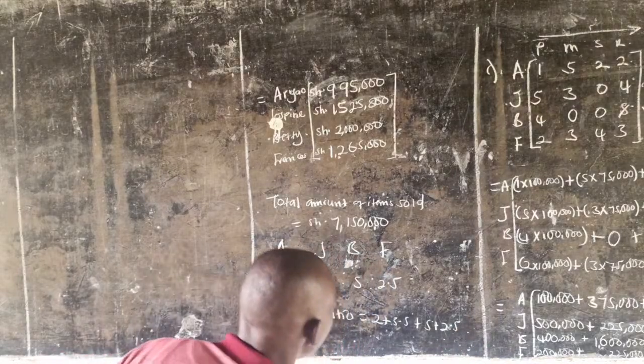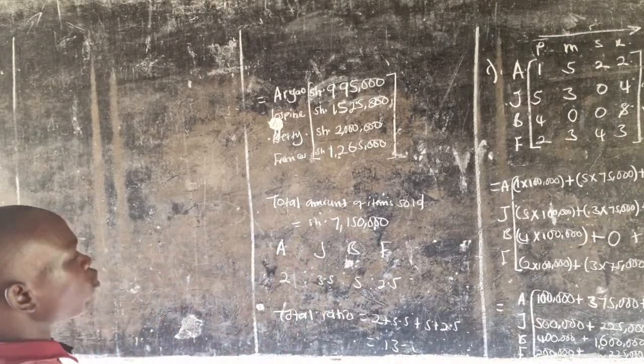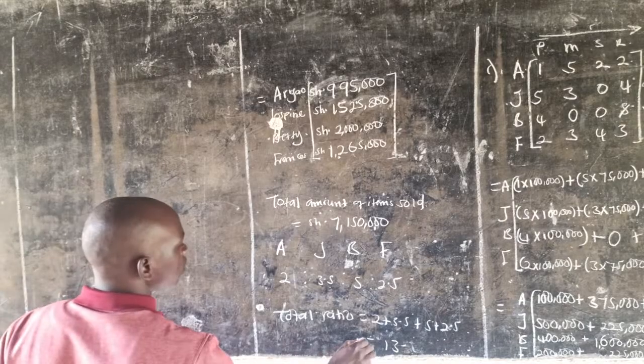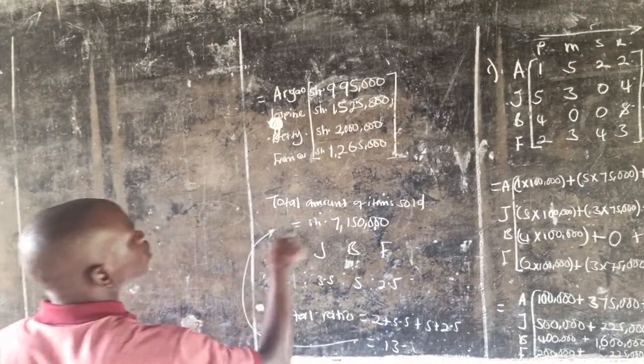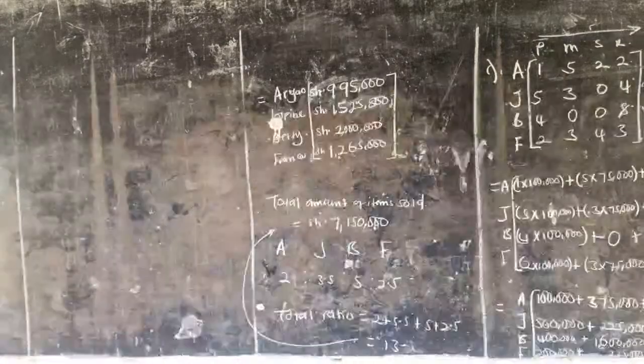So when we add that, we shall have 13 parts. So the total parts are now 13. These 13 parts amount to, or are equivalent to, the 7.15 million.